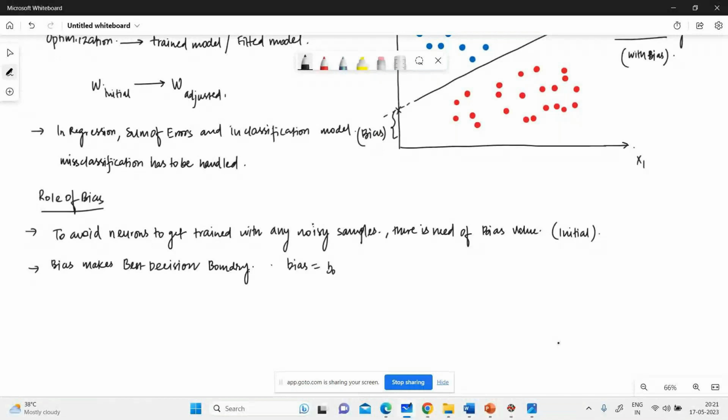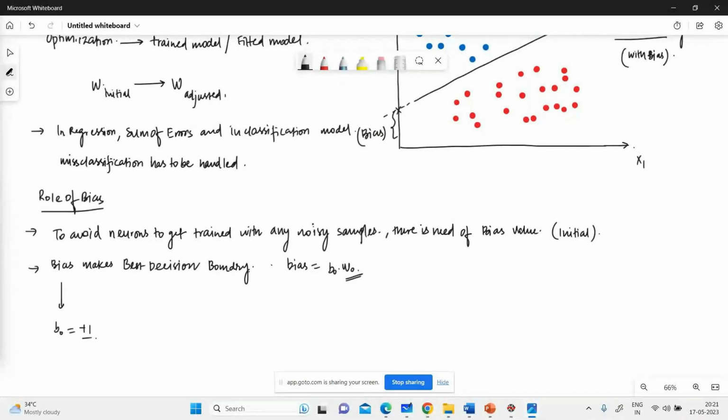Initially, your B naught will always be plus 1, so everything will depend upon W naught, which is again the weights, and weights need to be adjusted by the optimization technique. So that's the role of the bias. It ensures that your model will not get trained for an unwanted element, and that's the main logic why we should always have a bias attached to our neuron.